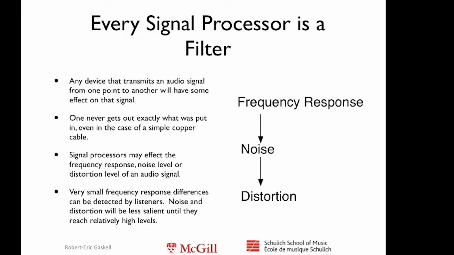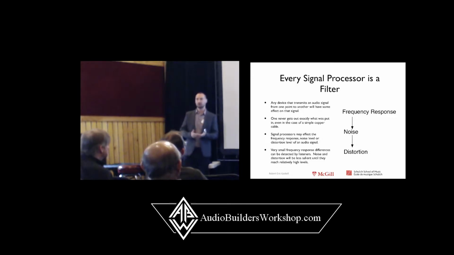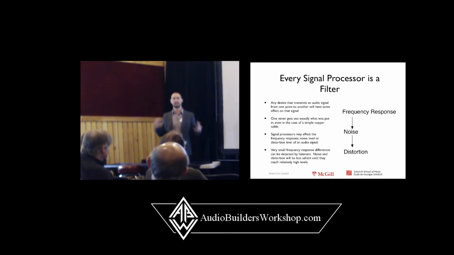But the changes that will happen as signal is processed by a wire or a signal processor or anything that takes signal in and spits it out are going to be changes in the frequency response of the signal, changes in the amount of noise that's in the signal, and any nonlinearity or distortion that happens to the signal in its transmission.